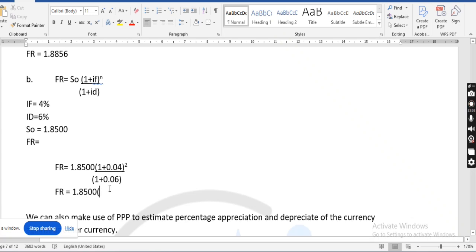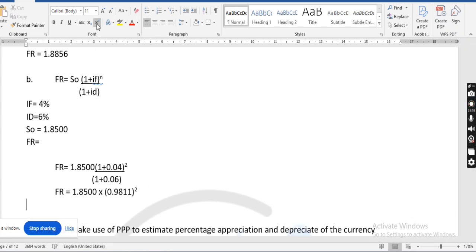What do you have? 0.9811 raised to power of 2. You raise this to power of 2. When you raise it to power of 2, what do you have before you multiply? You raise it to power of 2, then you can now multiply.